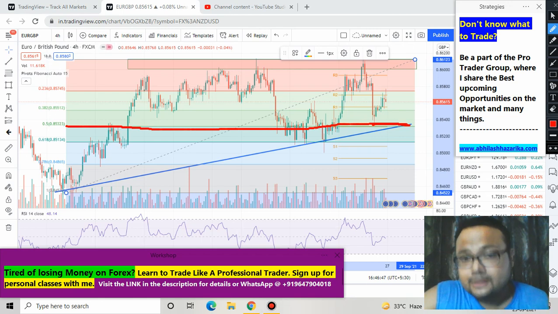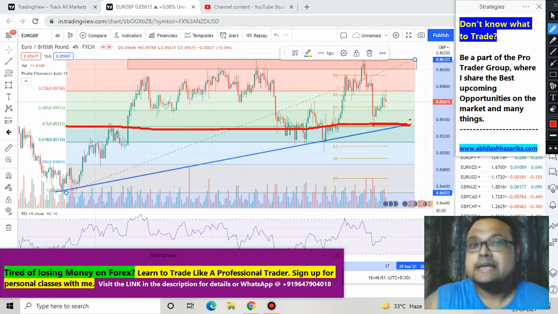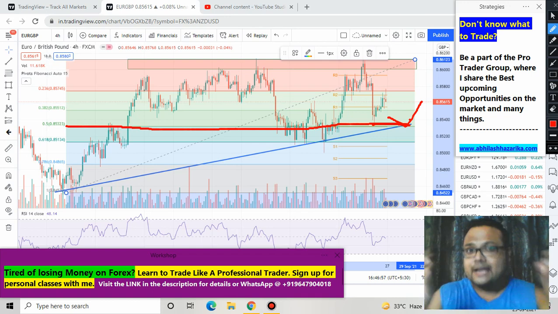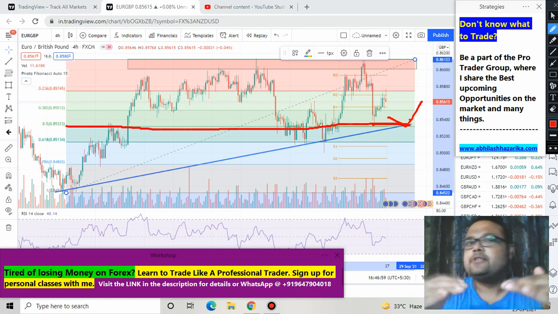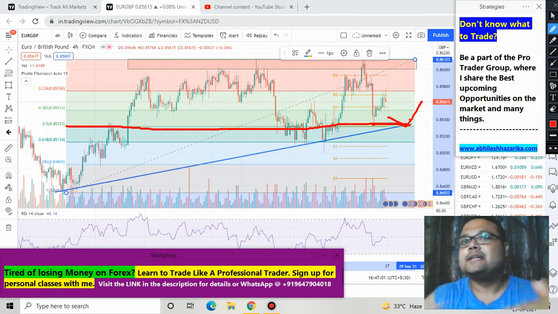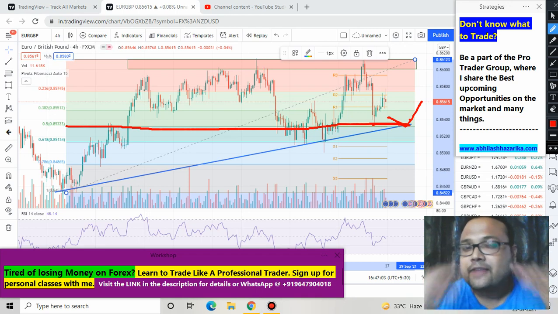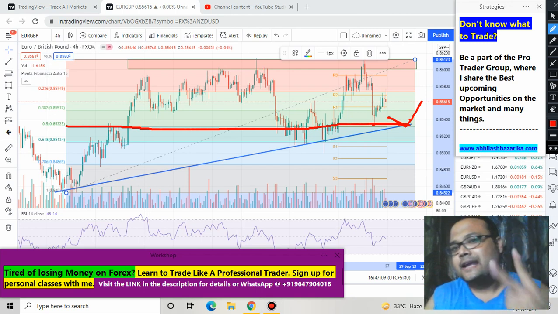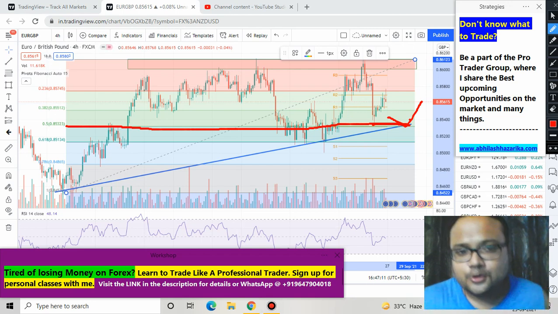Therefore, there is a good possibility of the market bouncing from this particular trend line, because of the Fibonacci 50% retracement level as well as the presence of the trend line as a dynamic support. So this is your second trading opportunity on the Euro GBP chart.